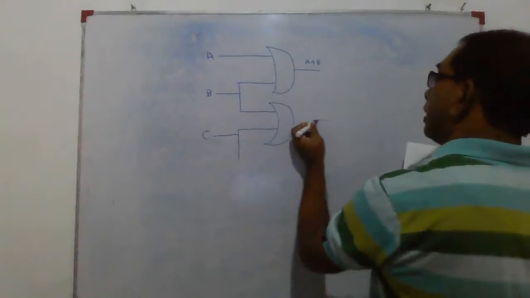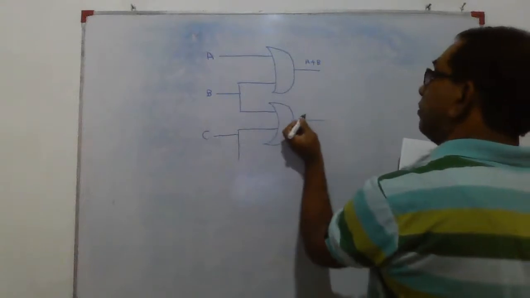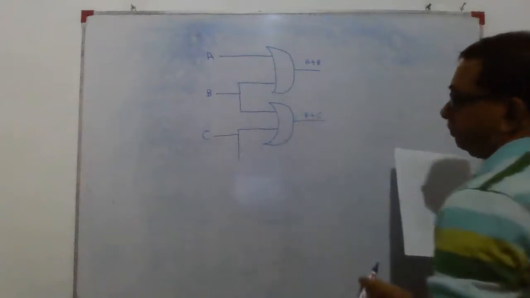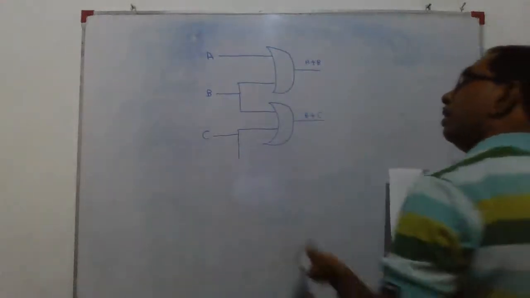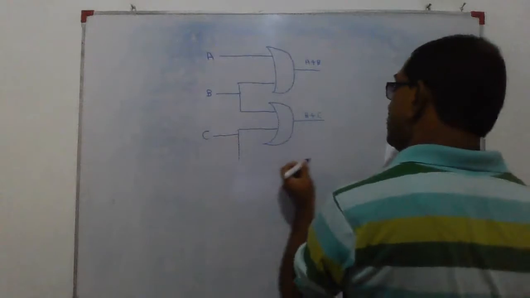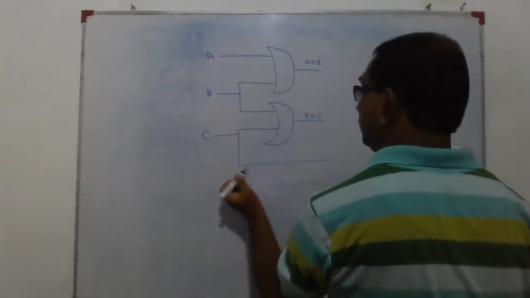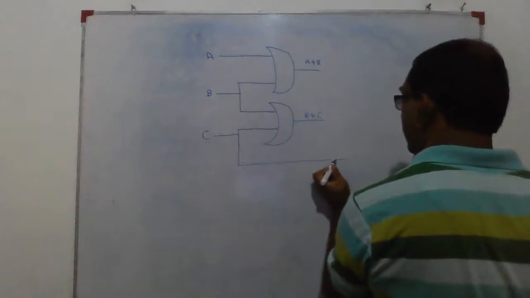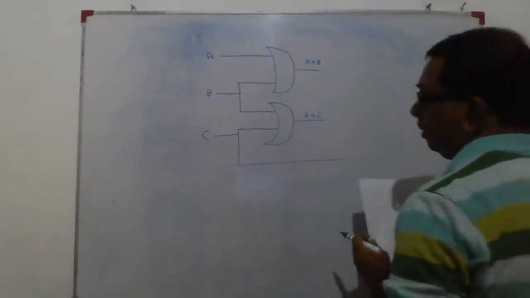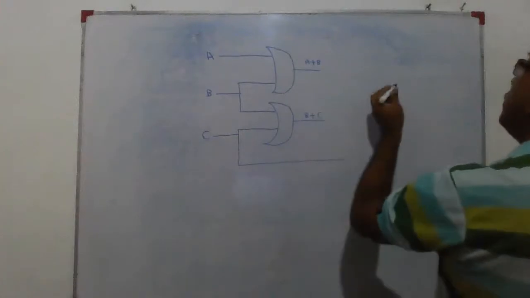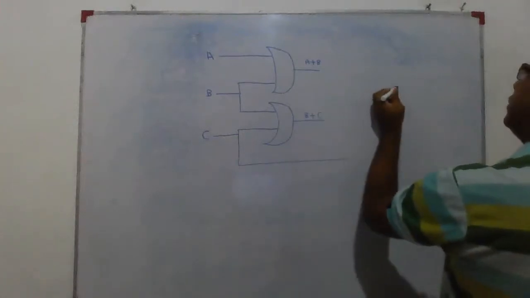So the outcome can be B or C. C remains here, and C comes forward. Now all the outcomes are going to an AND gate.